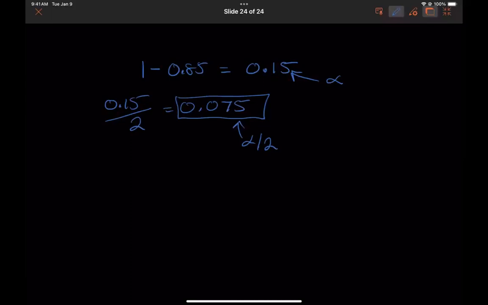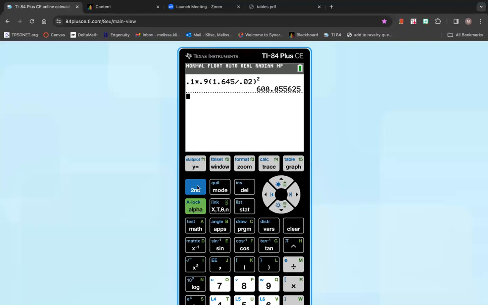Now, you don't have to get the upper one, you don't have to do 92.5. Let me do it really quick here. Maybe I can do inverse norm with that number on my calculator. Why is it taking so long to get there?